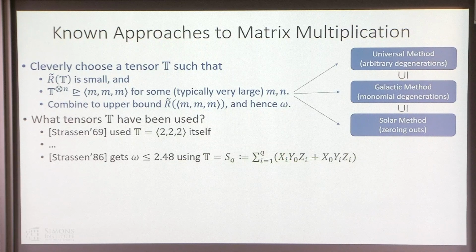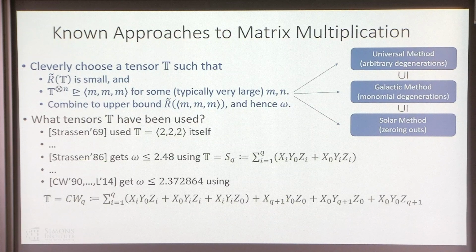Each of these is a matrix multiplication tensor, but they share variables, so it's pretty messy. And this is where he defined the laser method. And then Coppersmith, Winograd, and us, and many people here, we use this tensor. It's very structured.